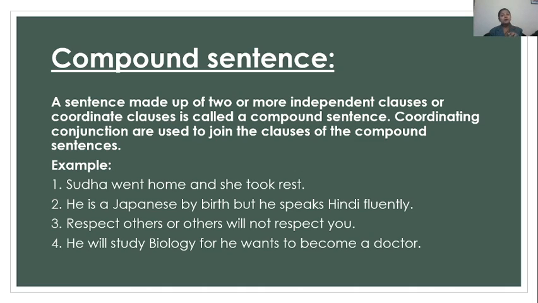So here you need to revise once again. What are independent clauses? That are complete in their meaning. What are dependent clauses? That are not complete in their meaning. Clear? And compound sentences are made of two independent clauses.